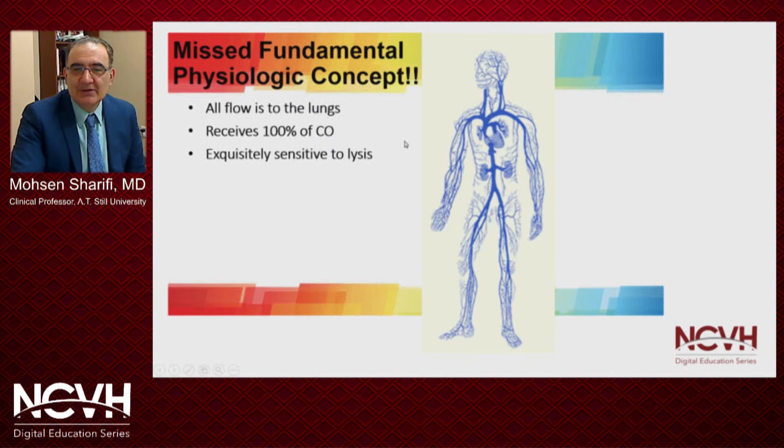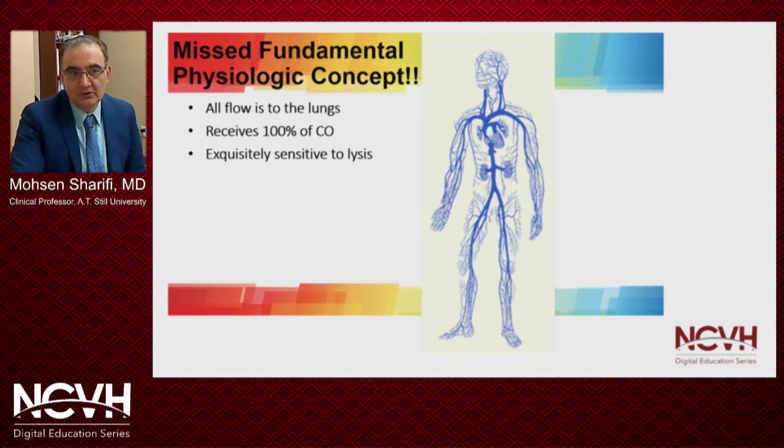So anywhere you administer TPA, be it from a capillary in the finger, a central line in the toes, ultimately the flow goes into the lungs. And you do not need a plastic catheter to deliver that TPA there. You can use God's catheter, which is the vein, to deliver that TPA.